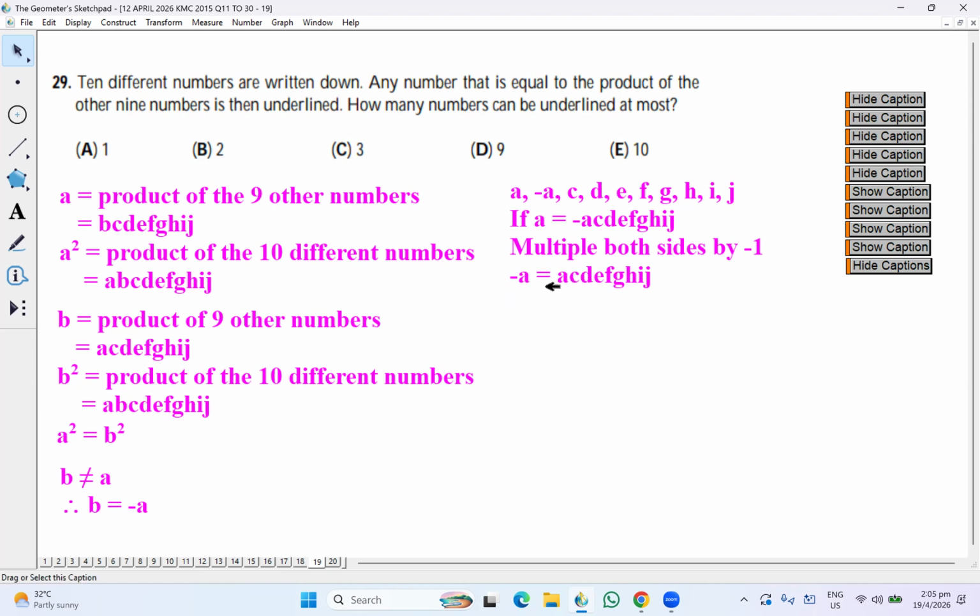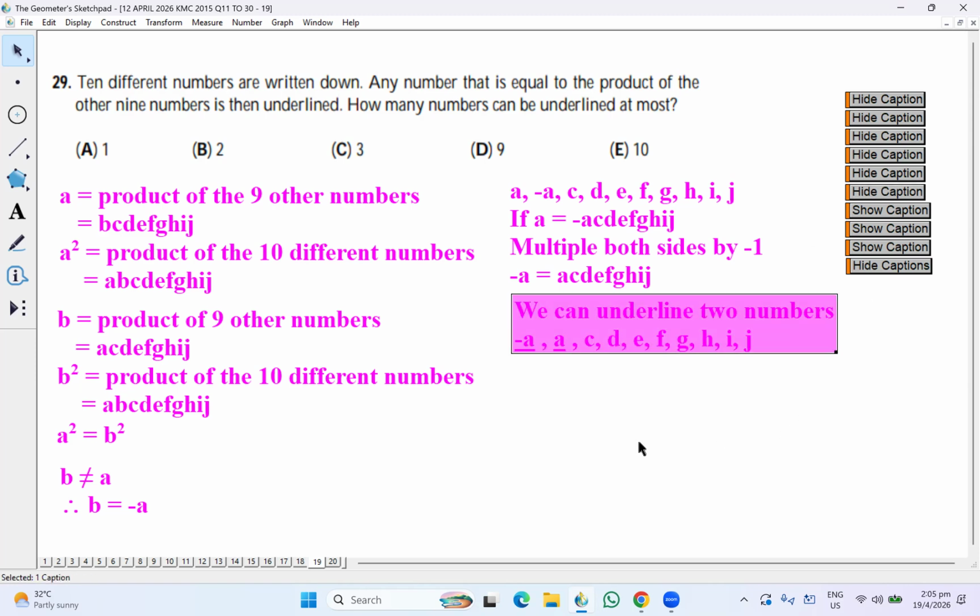So minus A is also the product of 9 different numbers. We can underline two numbers, A and minus A. The answer is two numbers.